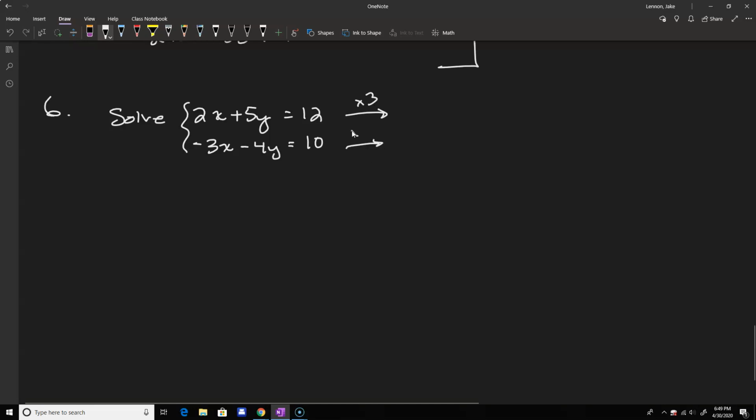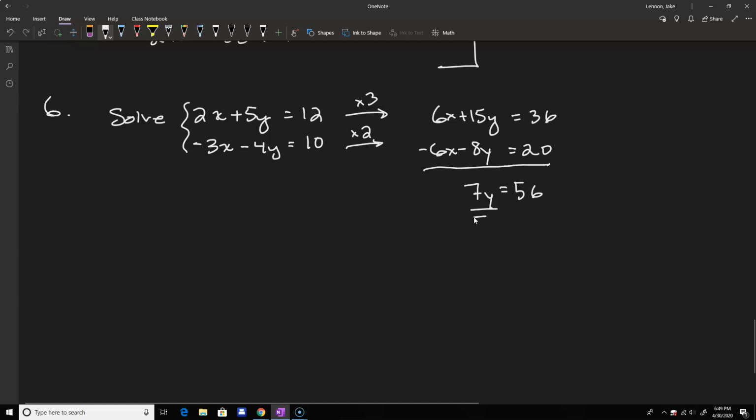When you do that, you'll end up with positive 6x on top and negative 6x on bottom. But the trick is you have to multiply each term in the equation by those numbers. So the top equation becomes 6x plus 15y equals 36, and the bottom will become minus 6x minus 8y equals 20. So when you add them together, the x's go away, and you end up with 7y equals 56.